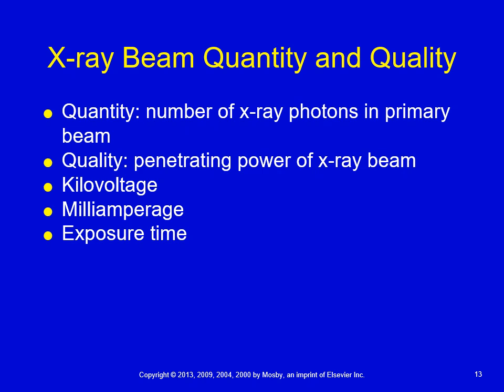We can also look at mA by itself, kVp by itself, and time. All of these things will have an effect on the quantity, which affects the density or the darkness of our image, and also whether or not that image is going to be diagnostic in quality. They can also affect the patient dose as well, but we're not focused on patient dose right here.